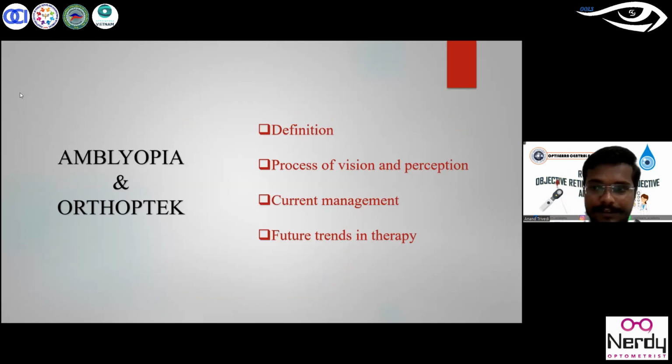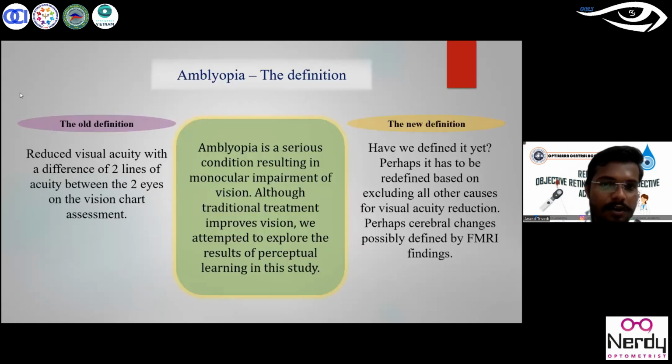So let's discuss the definition of amblyopia. There are two definitions. The old definition is the basic definition: reduced visual acuity with a difference of two lines of acuity between the two eyes on the vision chart assessment. The new definition has not been defined yet.